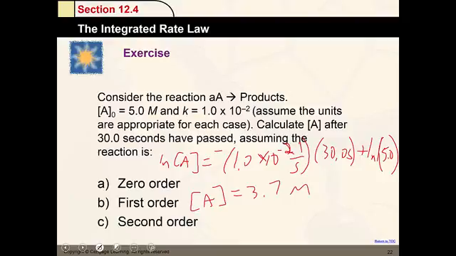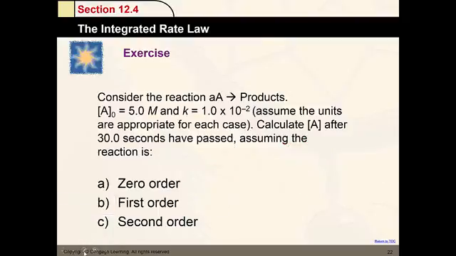Okay, and then finally, if we do the same thing for second order, so it's telling us it's second order, that means we use the integrated rate law for second order, where inverse concentration is equal to kt plus the inverse of the original concentration.